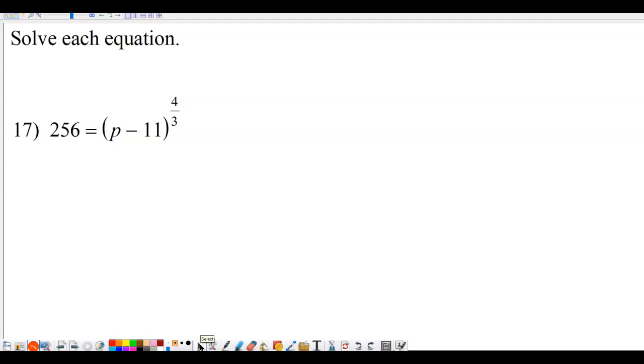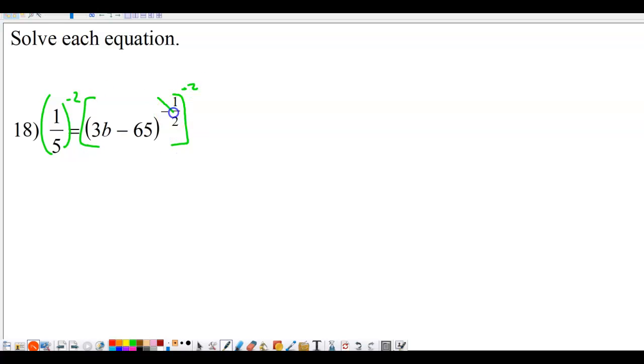All right? And number 18 will be like that. Now I do want to caution you guys on yours, you're going to be raising both sides to the -2 power. Okay? That's the reciprocal of -1/2. Now over here, these are going to cancel out. On this side, though, when you have a negative power, it's going to do 2 things.